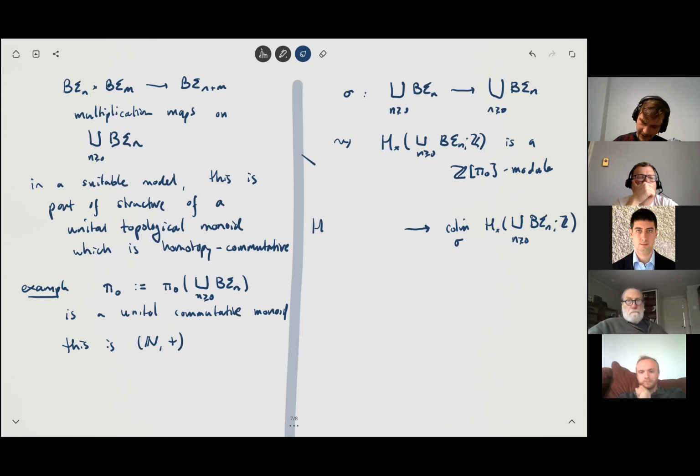It computes the localization at pi 0. Indeed, there is a map from the homology to the colimit. And in the colimit, pi 0 becomes invertible. So it factors like this. And this is an isomorphism. Okay.